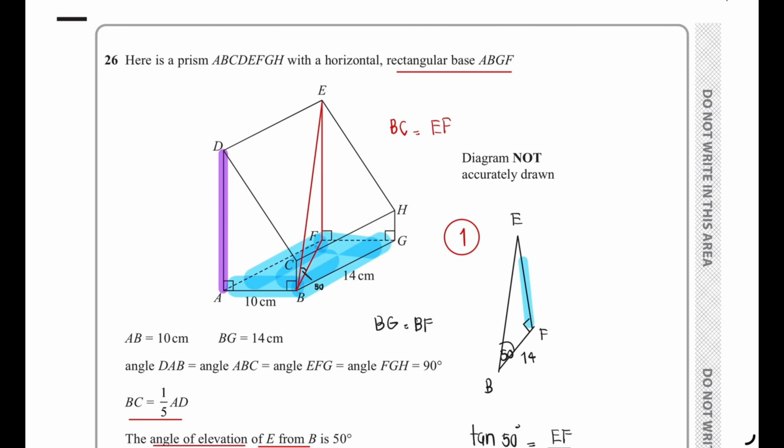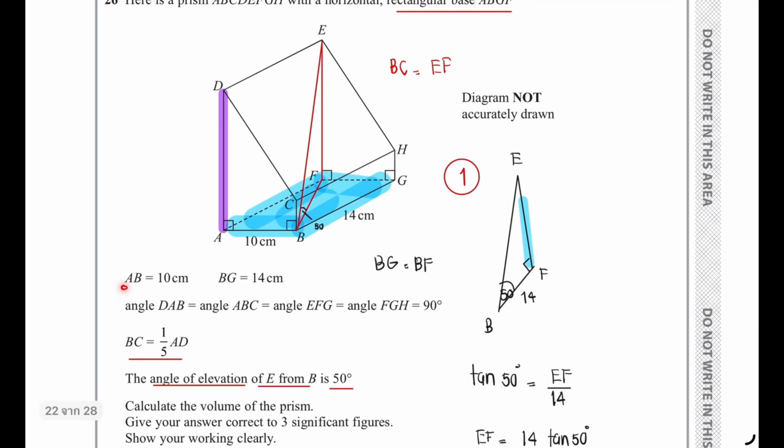Question 26. Here is a prism ABCDEFGH with a horizontal rectangular base ABGF. AB equals 10 cm, BG equals 14 cm, angle DAB equals angle ABC and equals angle EFG and equals angle FGH, which is equal to 90 degrees.